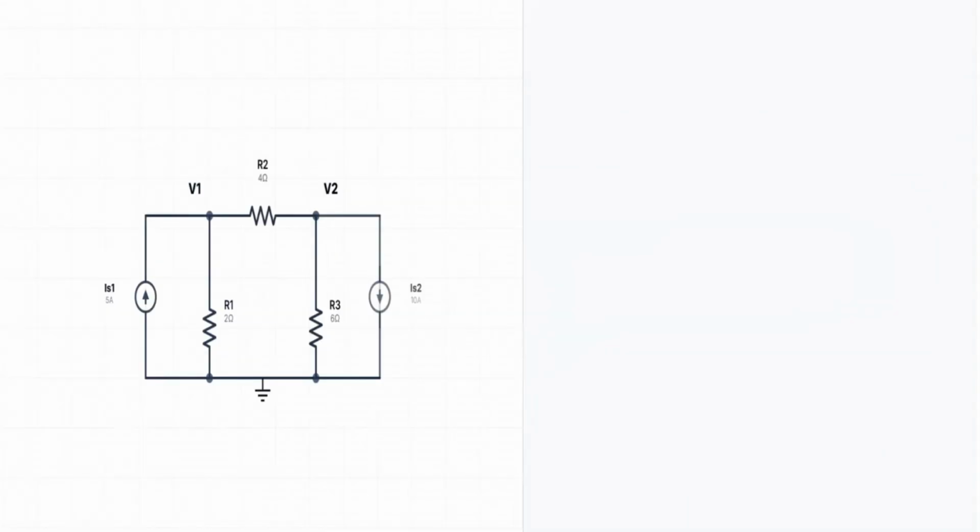Let's apply this. Here is a circuit with 2 current sources and 3 resistors. Step 1. Ground the bottom. Step 2. Label node V1 and V2. Step 3. Let's write KCL for node 1. Imagine you are standing at node 1. Currents act like water flowing downhill to lower potentials. The current going down through R1 is (V1 minus 0) divided by R1.